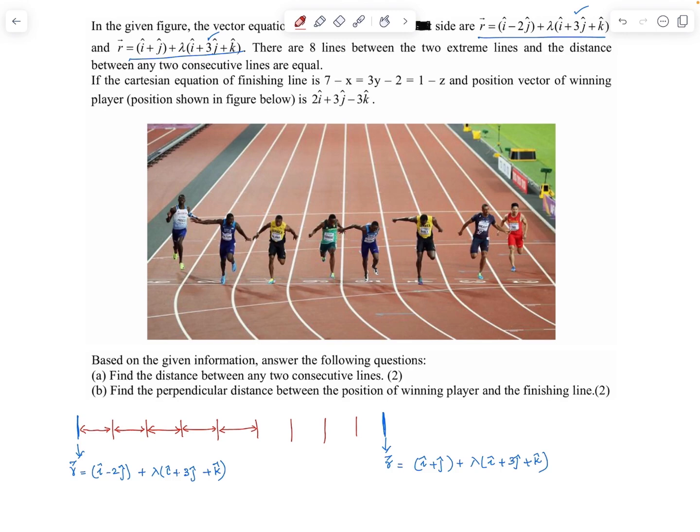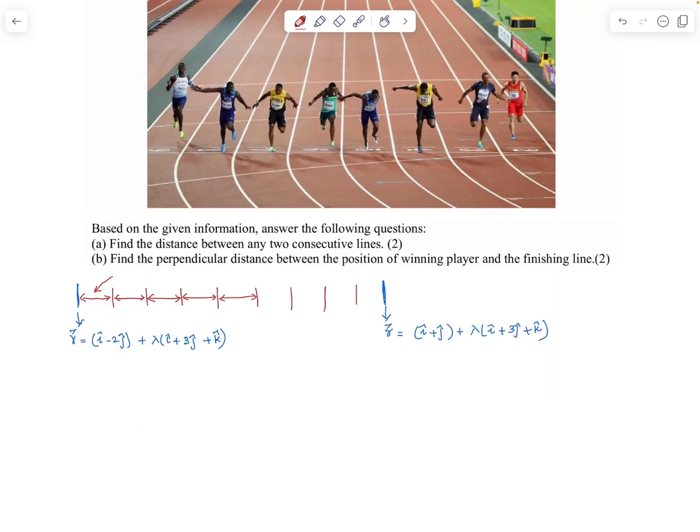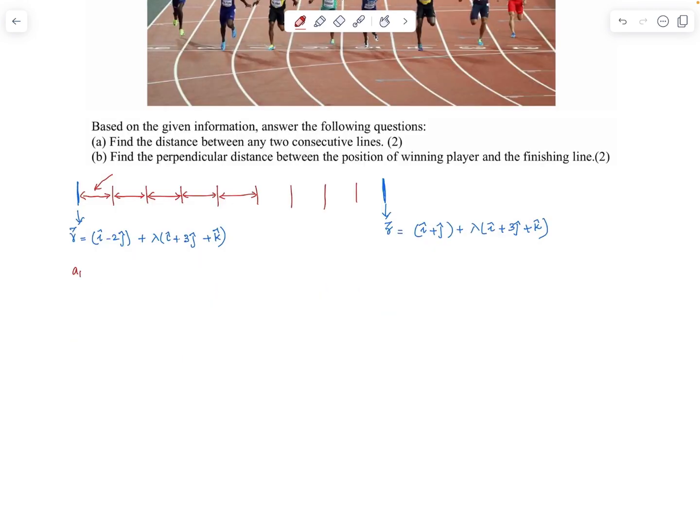Question A. Find the distance between any two consecutive lines. To get that distance, let's get the distance between the two extreme lines, and these two lines are parallel. From the first extreme line, we get A1 as i minus 2j and B1 as i plus 3j plus k.